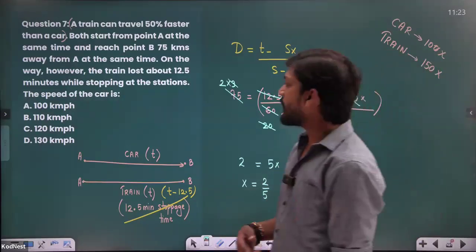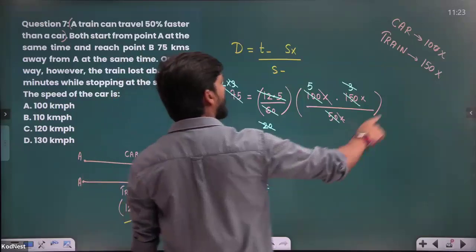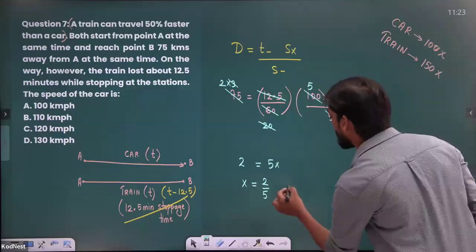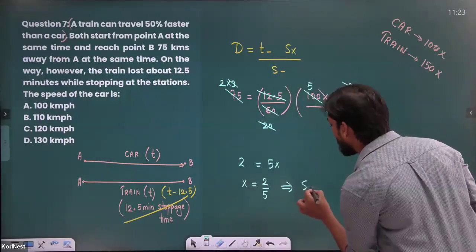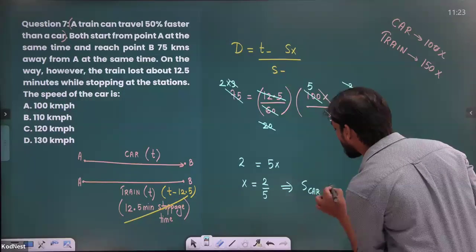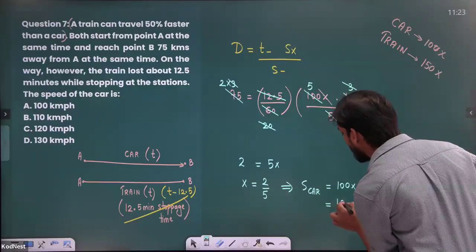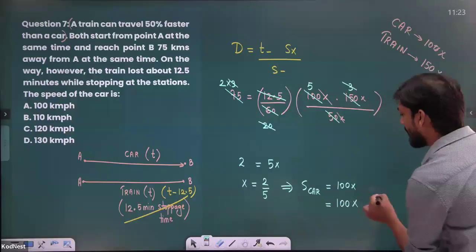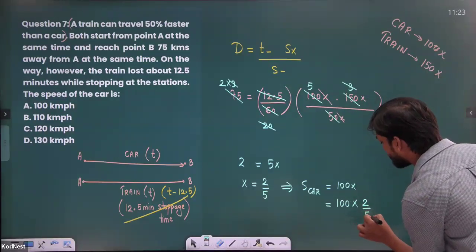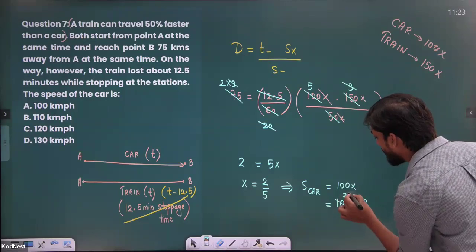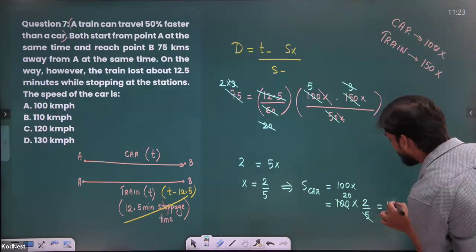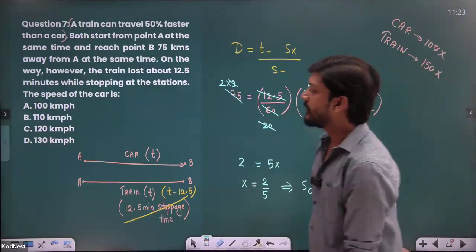I have to calculate the speed of the car. The speed of the car is 100x, so it implies the speed of the car equals 100 into the x value. The x value is 2 by 5. So 5 into 20, 20 to 40. Okay, so 40.